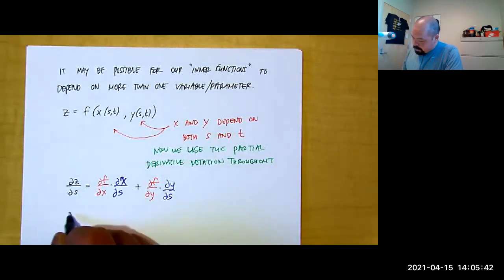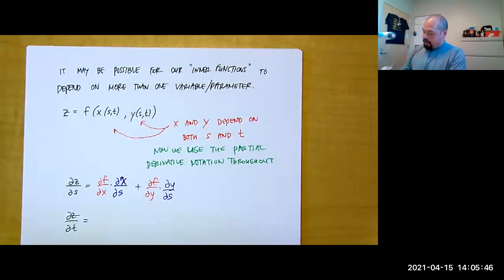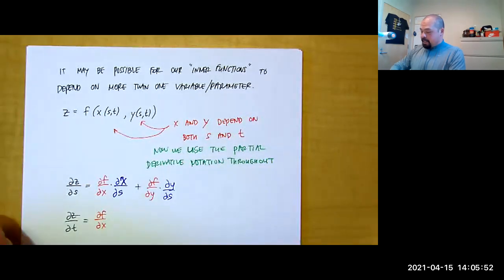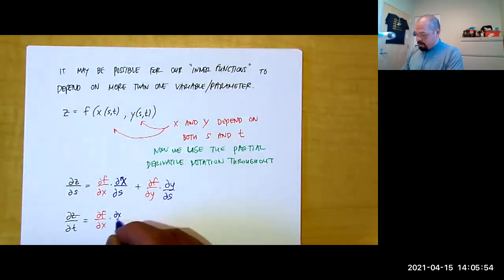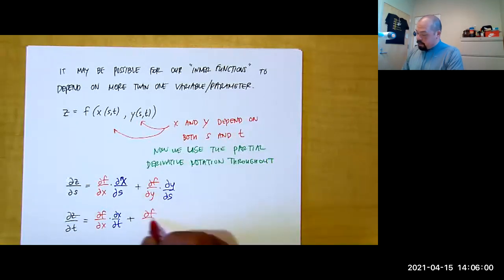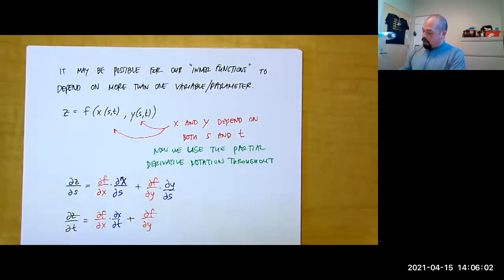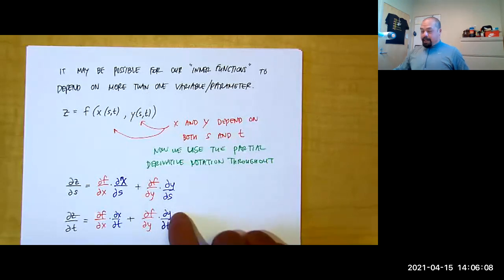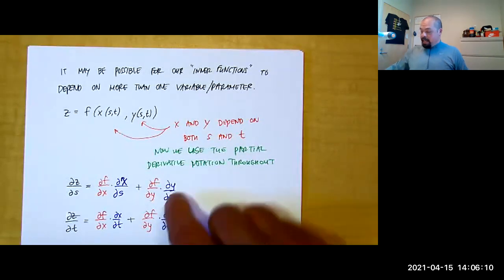And then likewise, ∂z/∂t, taking our partial of f with respect to x, but then x has a dependence on t. ∂f/∂y, but then y depends on t as well. Or again, partial because y depends on both t and s.